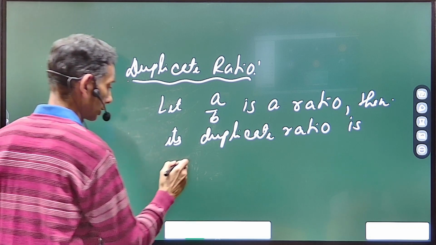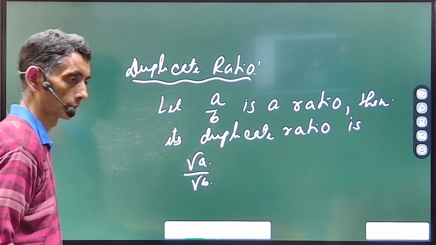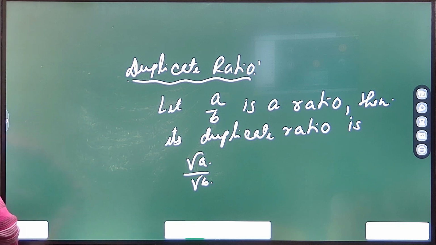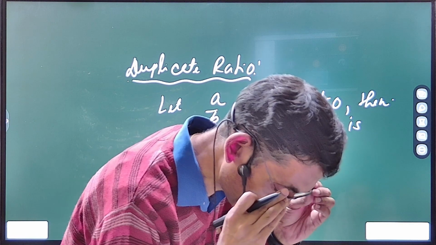Duplicate ratio means root A divided by root B. If you take the root of both the numbers, then you get the duplicate ratio.